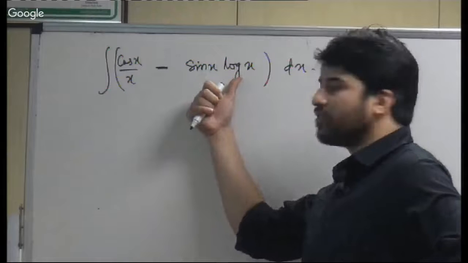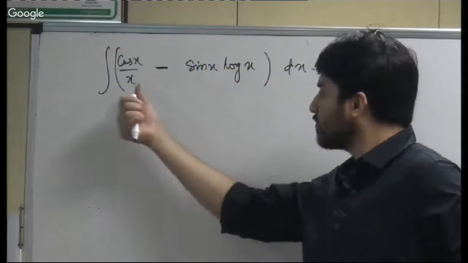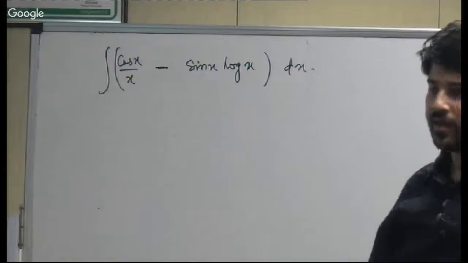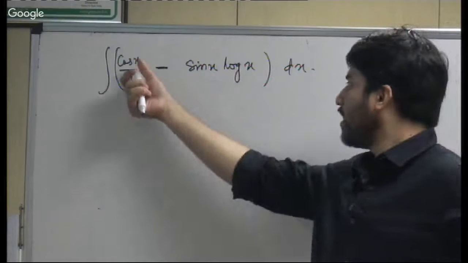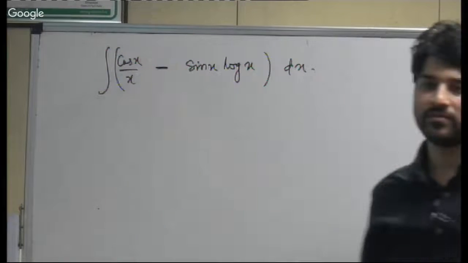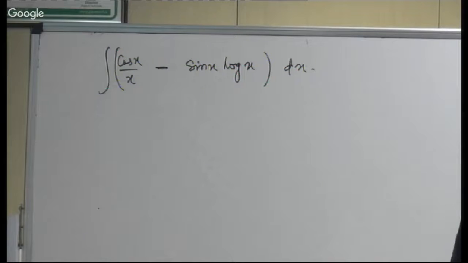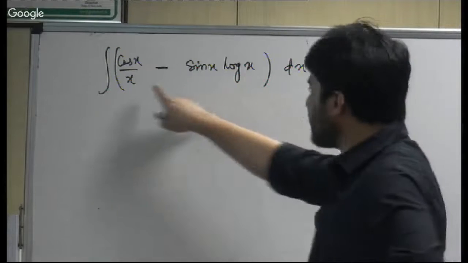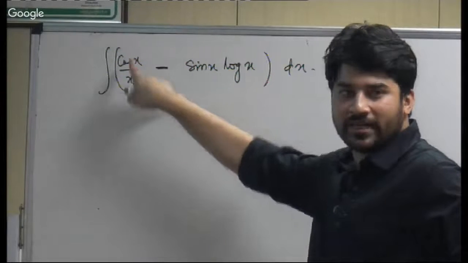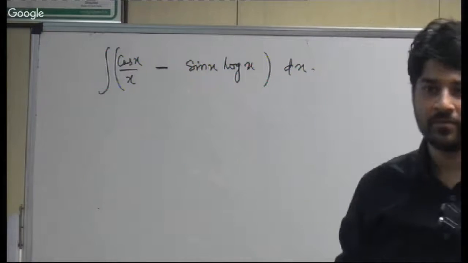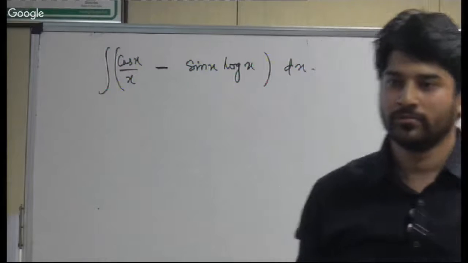What is the differentiation of log x? And what is the differentiation of cos x? So which rule is this? The differentiation of this is here and the differentiation of this is here. Product rule.